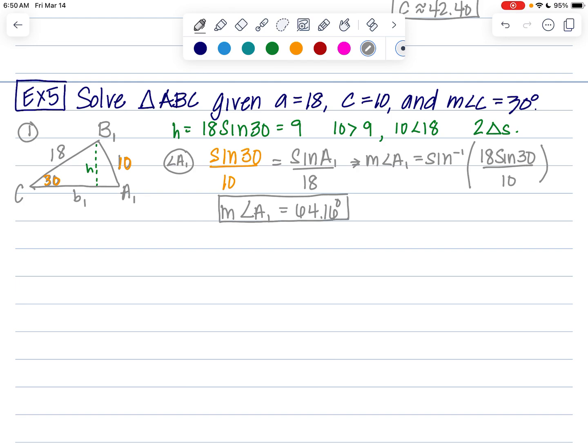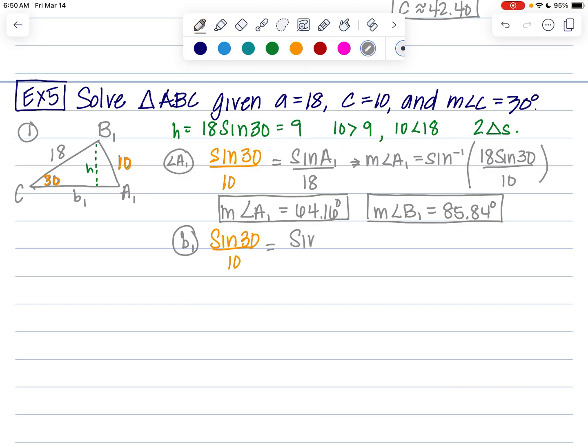Okay, using my triangle angle sum theorem, that means the measure of angle B1 is going to be 180 minus 64.16 minus 30, which is going to be 85.84 degrees. Okay, very good. Love that for us. Got all of our angles figured out. Perfect. So now we are going to figure out what side B1 is. So use what you've been given, sine of 30 over 10. I'm going to set up my B ratio now that I know what my angle B is.